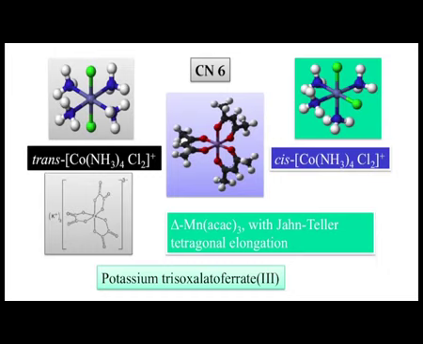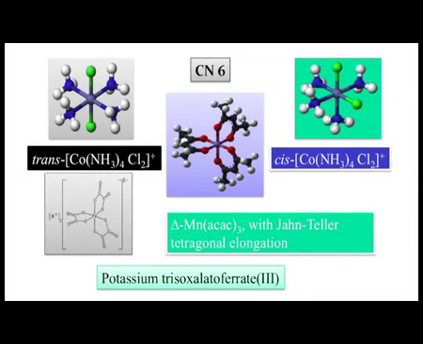Now, both of them are cationic. Cationic means the cobalt is in the trivalent state, because the 2 other charges are satisfied by the chloride groups. Here also, similarly, the 2 other groups' charges are satisfied by the chloride groups. So, we are calling these the cis and the trans.